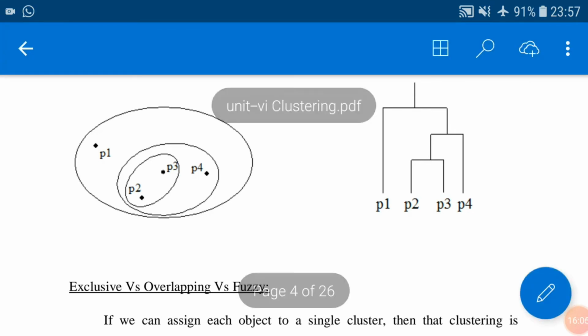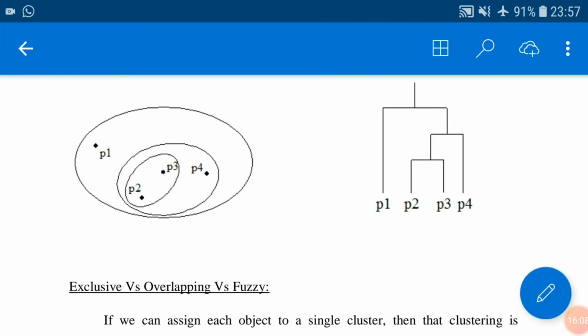Here the problem arises. In hierarchical clustering, P2, P3 are related to cluster A, and for cluster B also P2, P3 are related, and cluster C also has P2, P3. So here we see a data item that is related to more than one cluster.